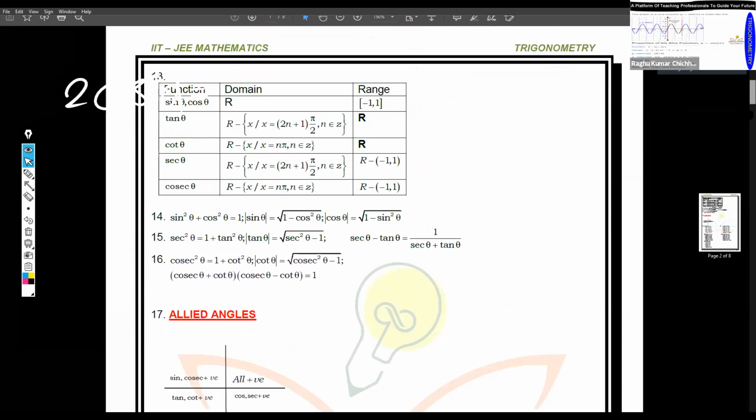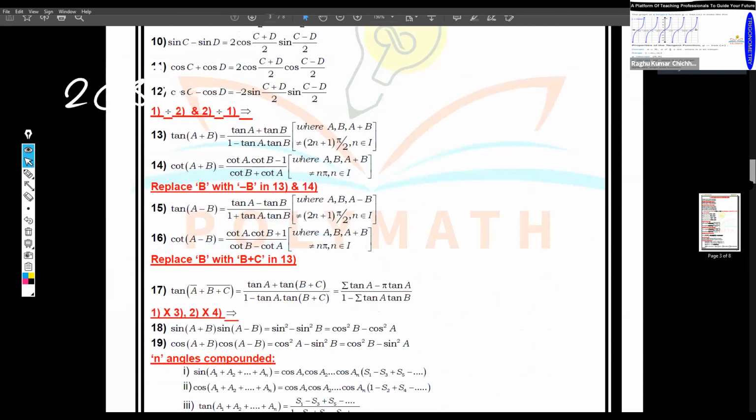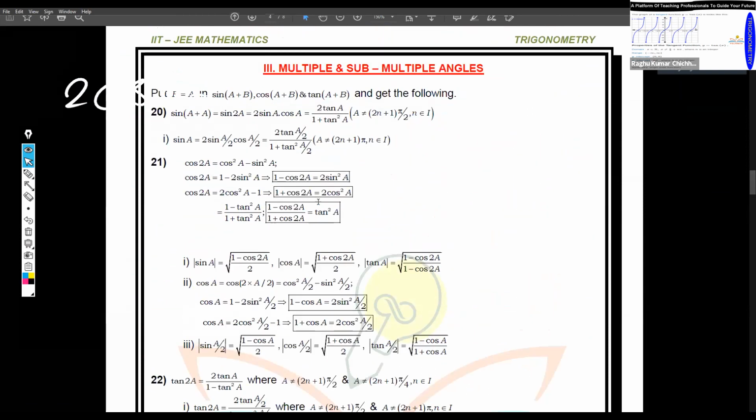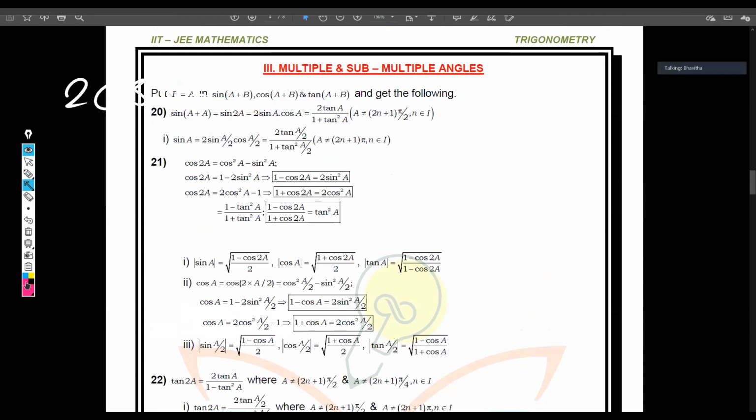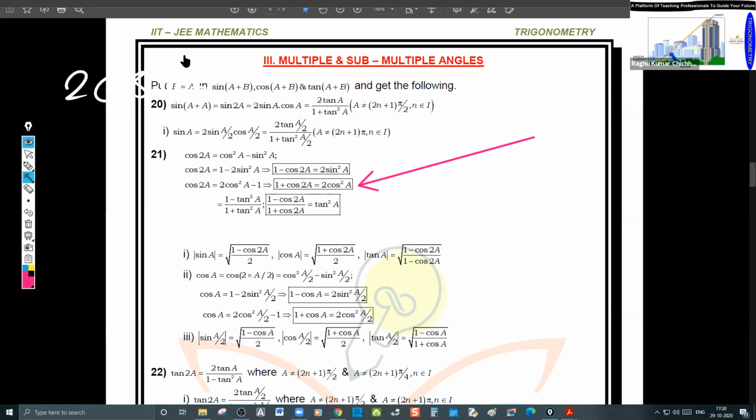I think Bhavi will be telling you. 2 cos square alpha reduction formula, Bhavi. This one, just see. 1 plus cos 2 alpha. It is most important, Maurya.